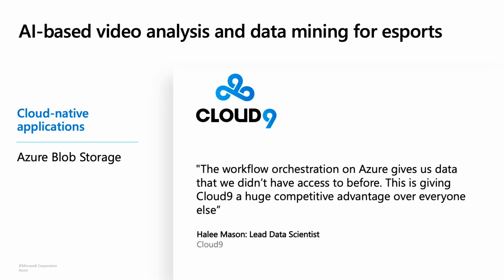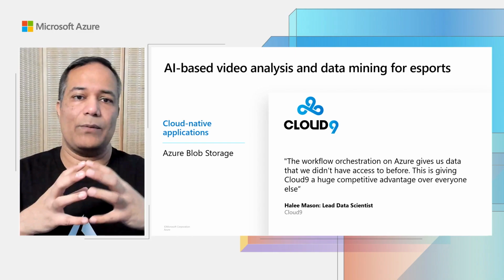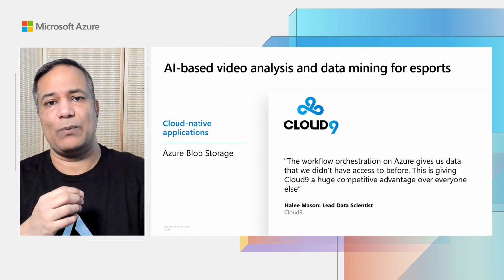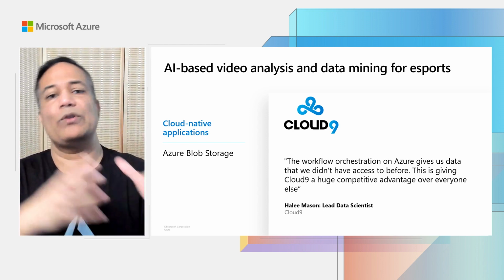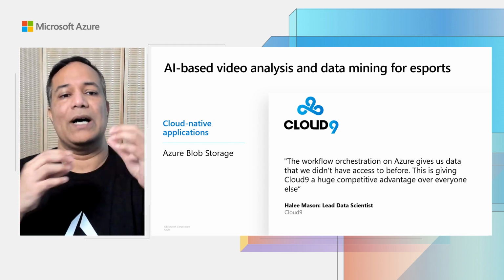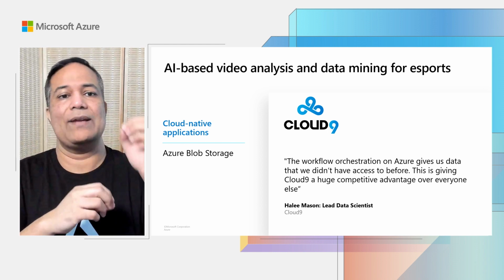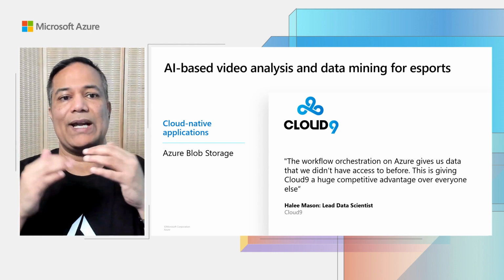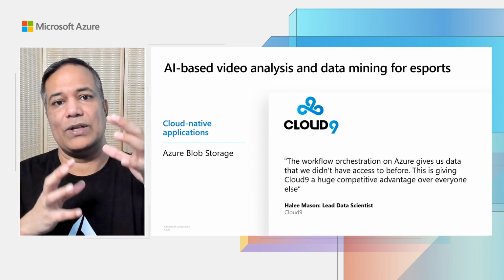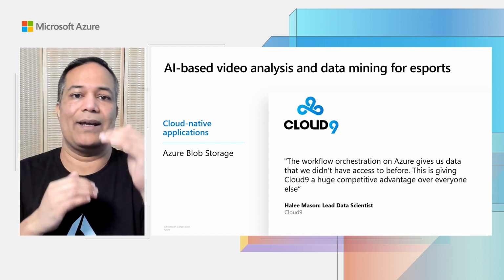Let's look at an example of how this pattern works with a customer. Cloud9 is an esports gaming company. They take video from esports tournaments and game playthroughs and upload the data into Blob Storage, and then orchestrate a machine learning environment that analyzes and breaks apart these videos and looks at how they can get an edge.